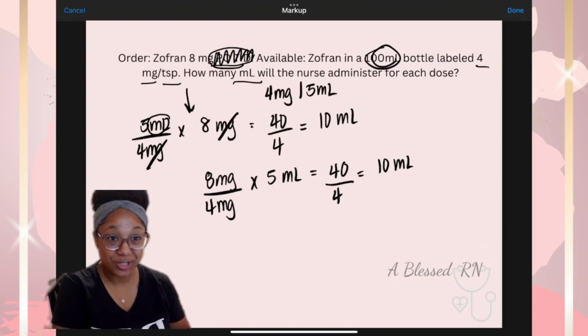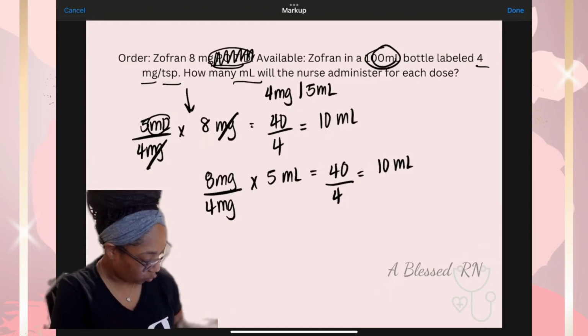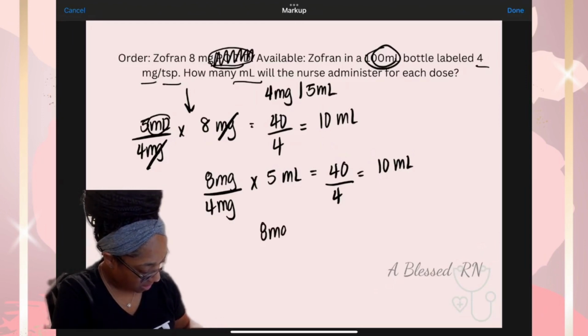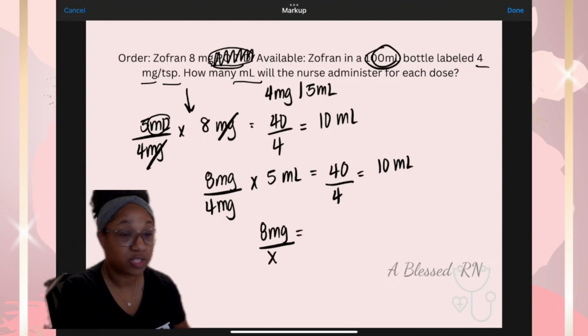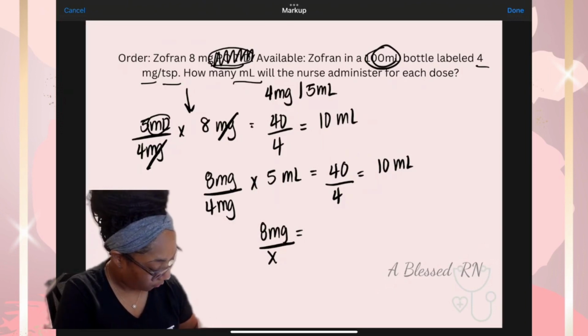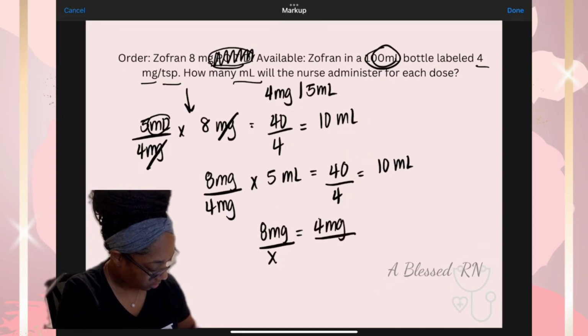And to show ratio and proportion, okay, 8 milligrams, and we don't know how many mLs, so that's going to be X. Your X is your unknown. And then what we do know is 4 milligrams over 5 milliliters.